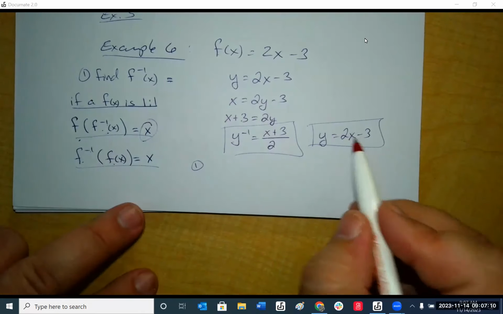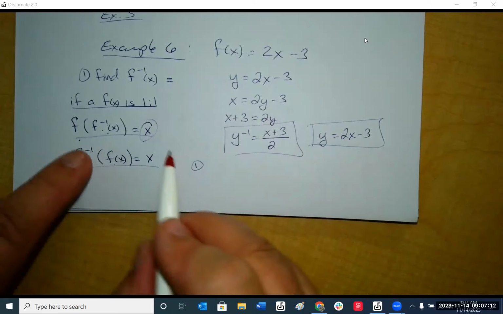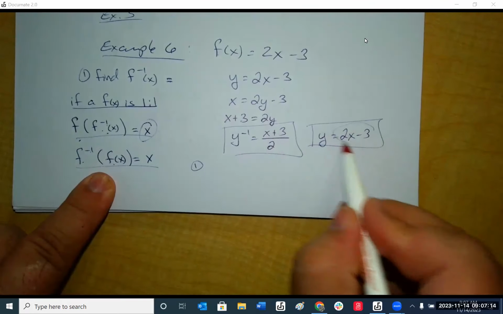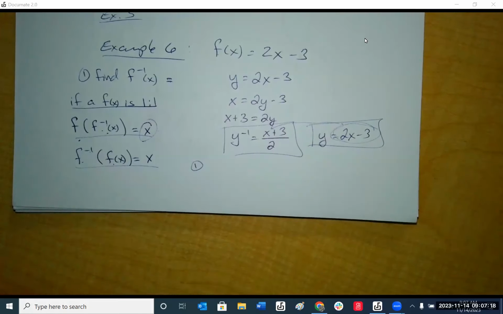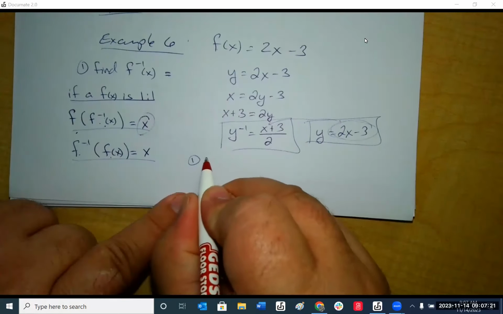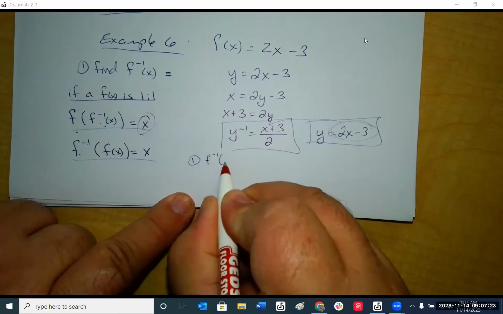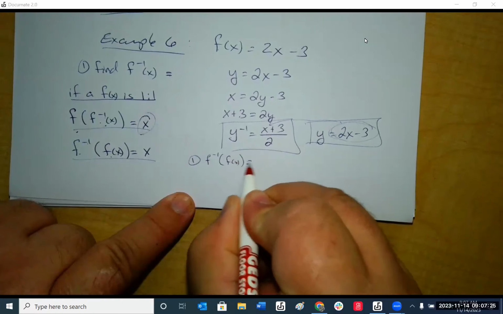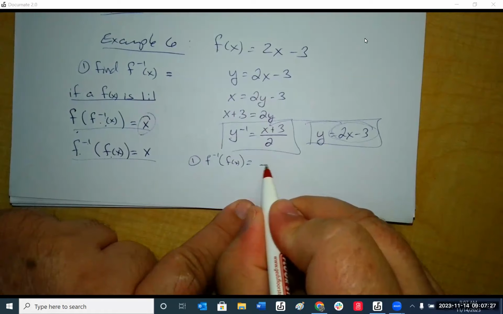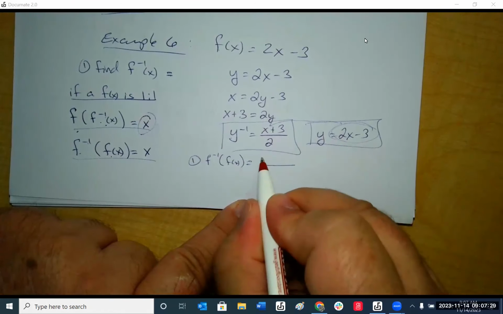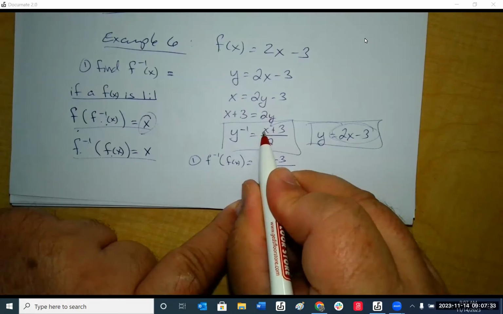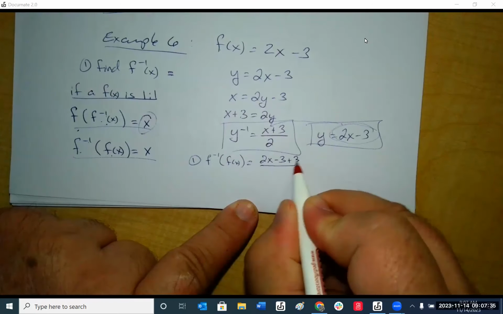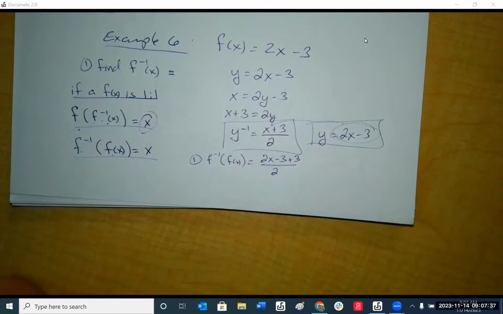So let's try this. Let's take this equation and plug it in place of x. So we're doing f inverse of f first. So it's going to be 2x minus 3, that's in place of x, plus 3 over 2.